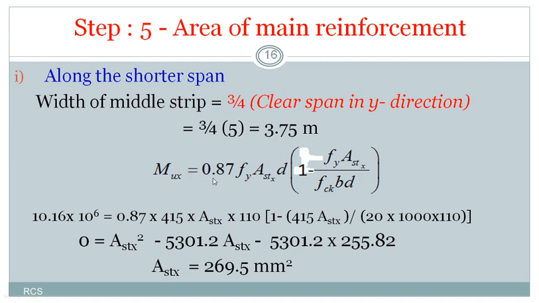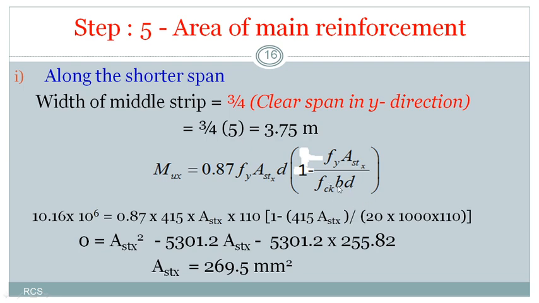So now Mux = 0.87 Fy Astx d (1 - Fy Astx / (fck b d)) is the formula for calculating the area of steel along the x direction in the midspan region, or I can say middle strip region. Now substitute Mux. Mux is 10.16 × 10^6 = 0.87 × 415 (Fy) × Astx, which we have to calculate, and 110 is the effective depth. Fy is 415, fck is 20.